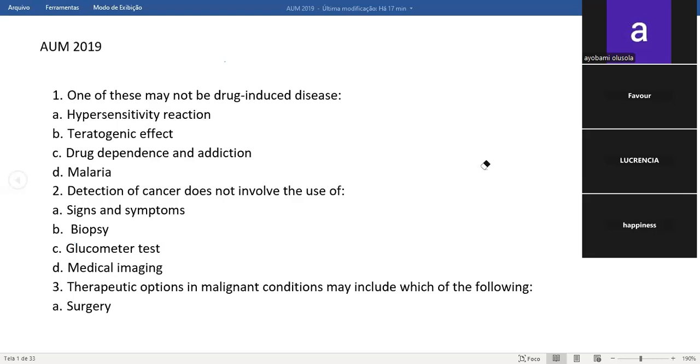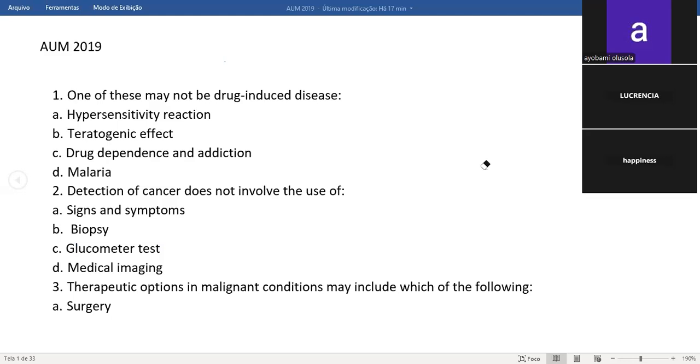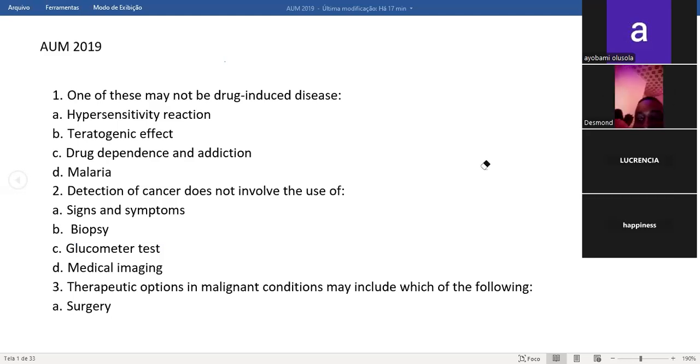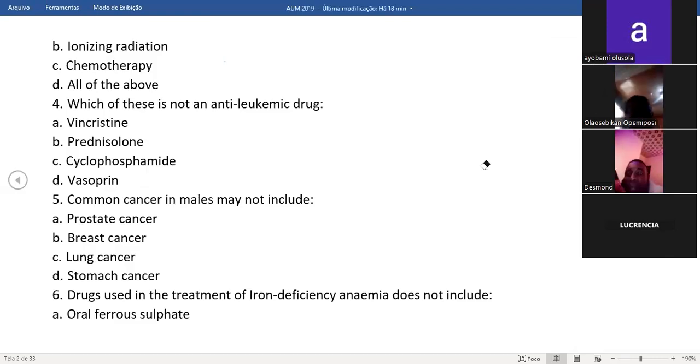Therapeutic options in malignant conditions may include which of the following? A, surgery. B, ionizing radiation. C, chemotherapy. D, all of the above.